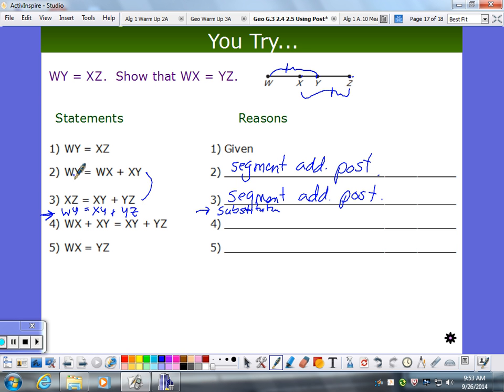Let's see if that helps us see why these two things are equal. Now I've kind of got the transitive property of equality. If this equals WY, and if WY equals this other thing, then these two things are equal by the transitive property of equality. All right, we're dutifully copying it down. That's good. But are there questions where this came from?